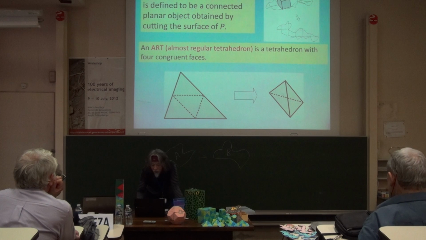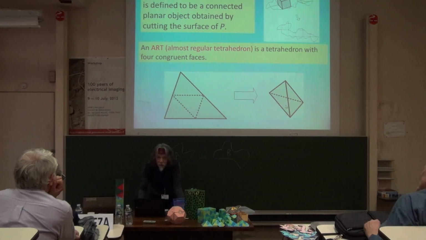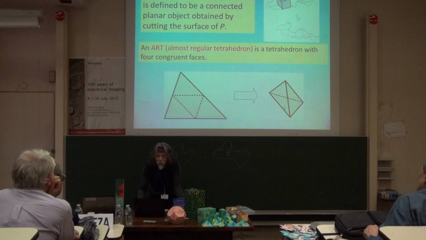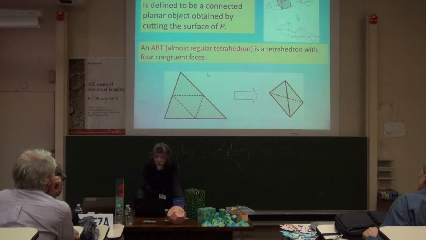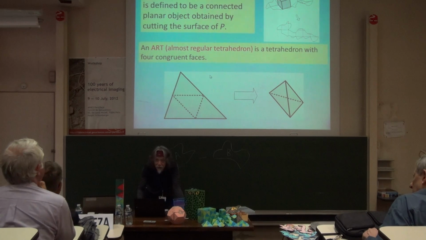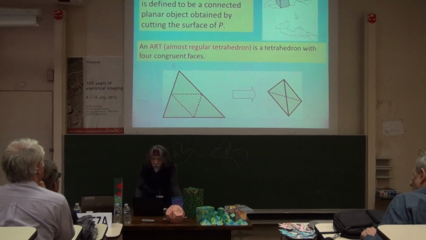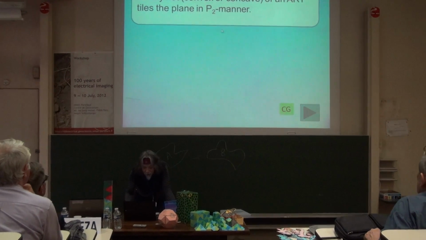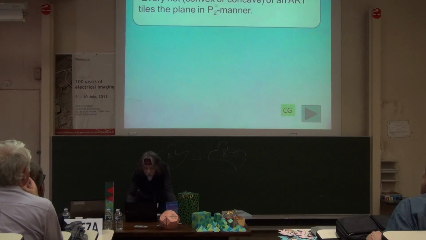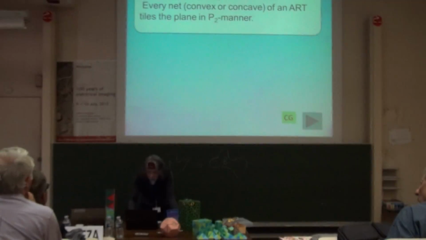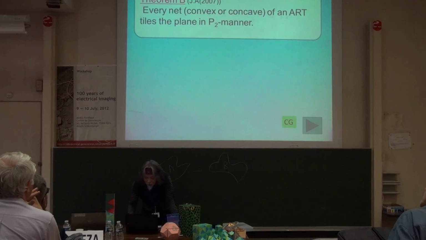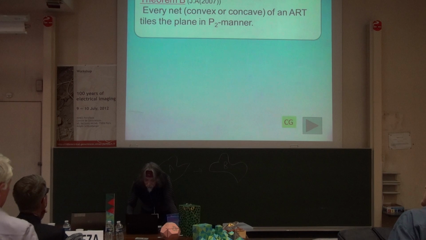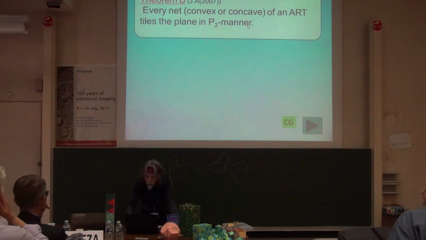Then you will have a tetrahedron which has four congruent faces. So from this one, you can make infinitely many different non-similar arcs. Okay, and so every net, convex or concave, of an arc, an almost regular tetrahedron, tiles a plane in P2 manner.